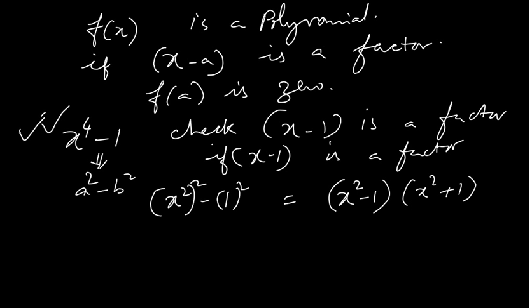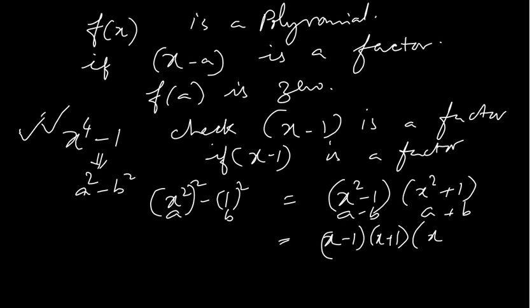This is my a, this is b: a minus b into a plus b. Now this can be further written as x minus 1 into x plus 1, and this one cannot be broken. So I'm clearly seeing x minus 1 as a factor.